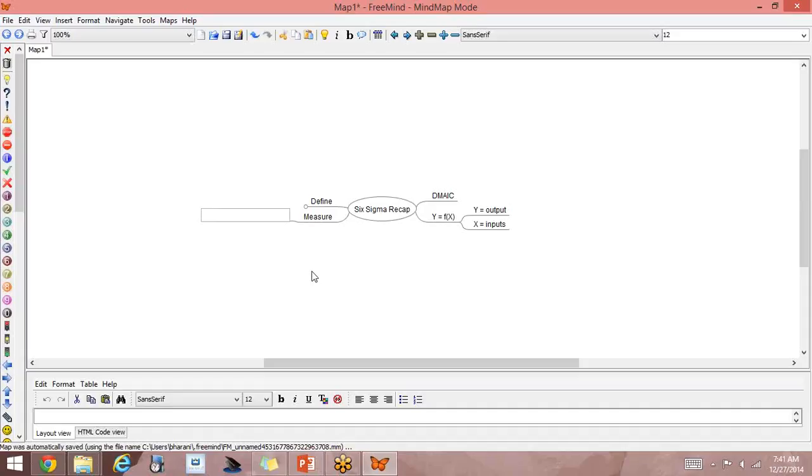In the measure phase, we baseline the current performance of the Y which we have identified. How did we do that? We have looked into gauge R&R, and this is for continuous data.